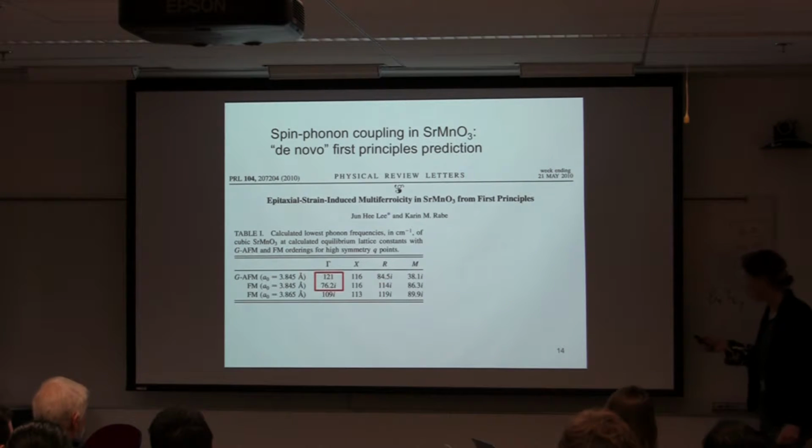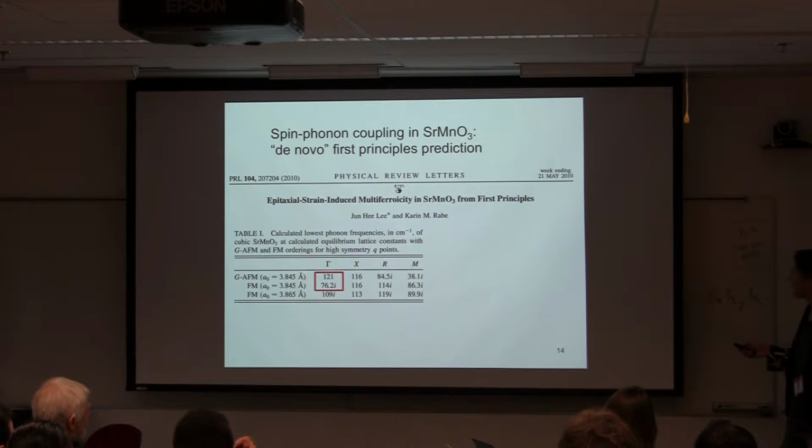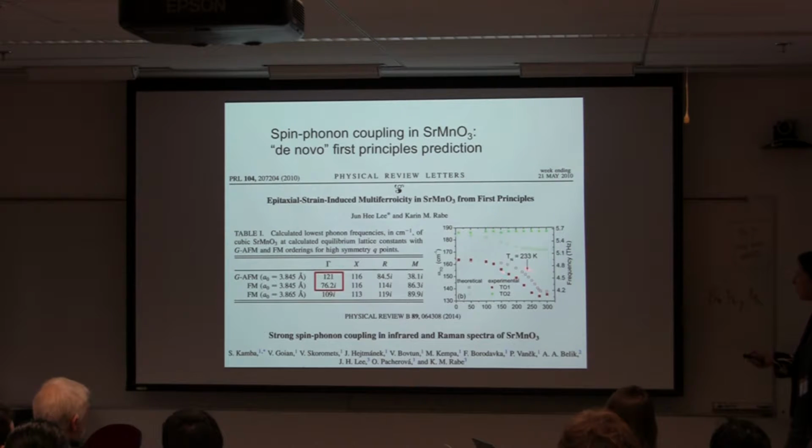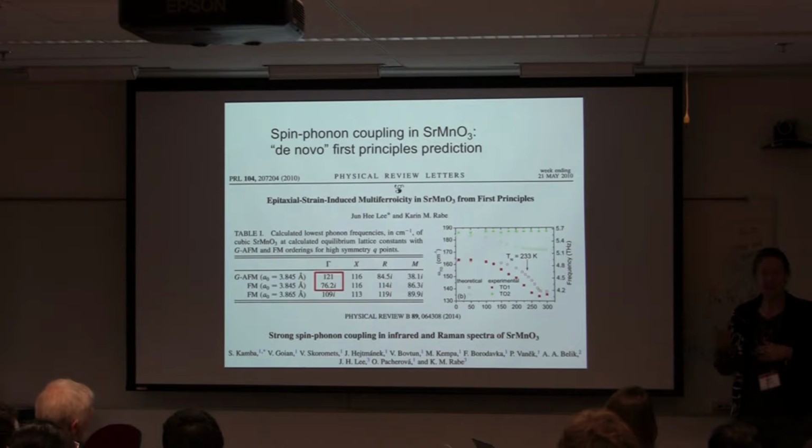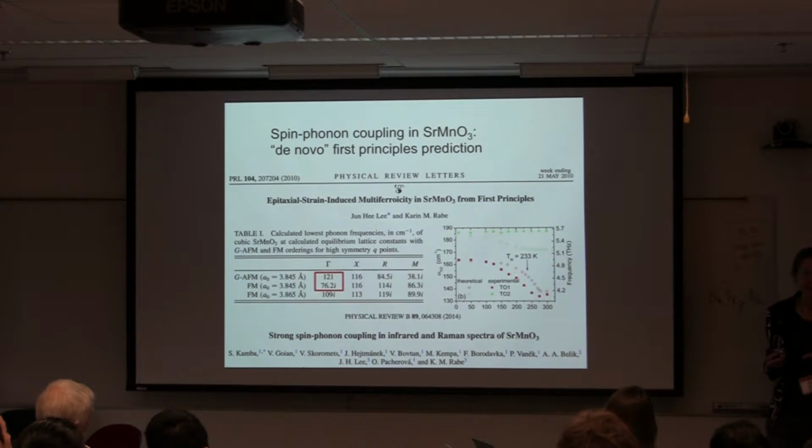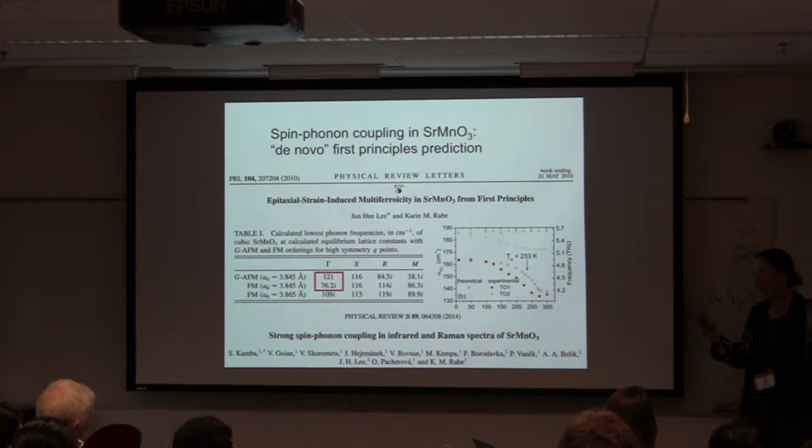So I was going around talking about this, and then we do have an experiment. You can ask, well, how would you see this experimentally? And one way that we came up with was to look at the paramagnetic to antiferromagnetic phase transition. So when the system goes from being paramagnetic to antiferromagnetic, it's changing the magnetic order.